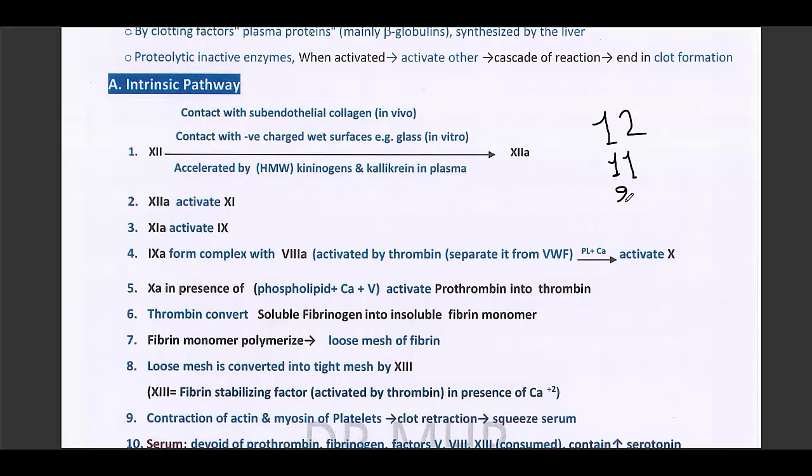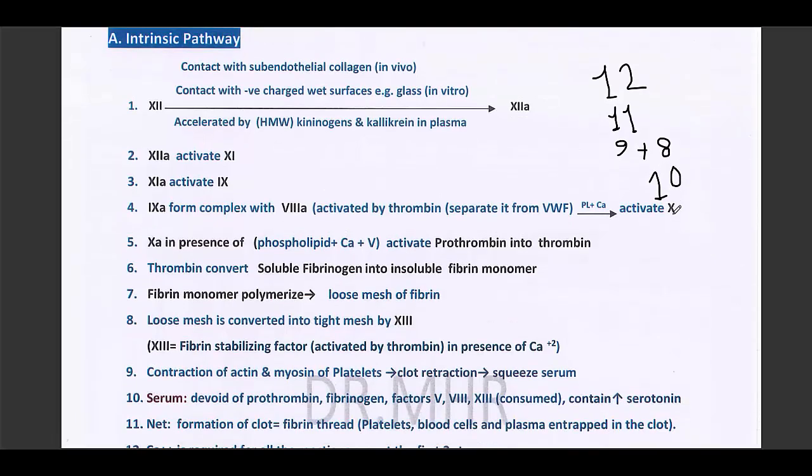So, as we said before, 9 with 8 activates factor number 10. Factor 10A, in the presence of phospholipids and calcium and factor number 5, okay, factor 5 is one of the requirements, activates prothrombin into thrombin.